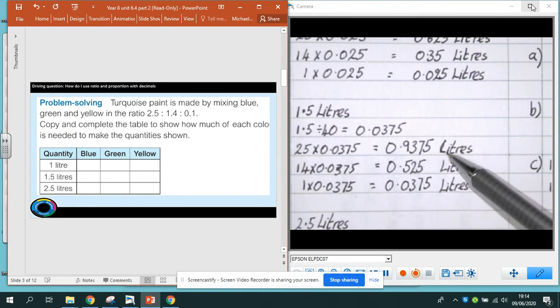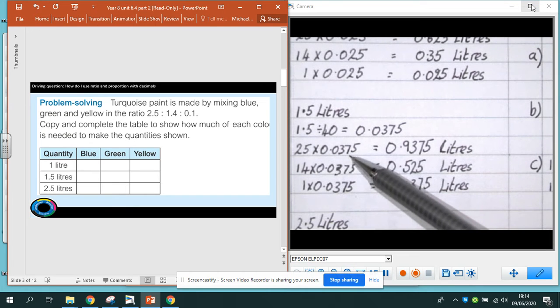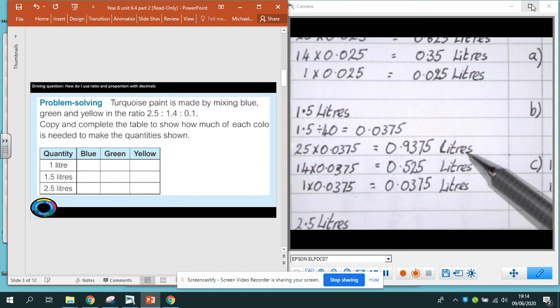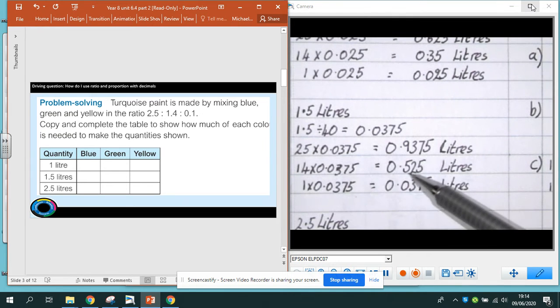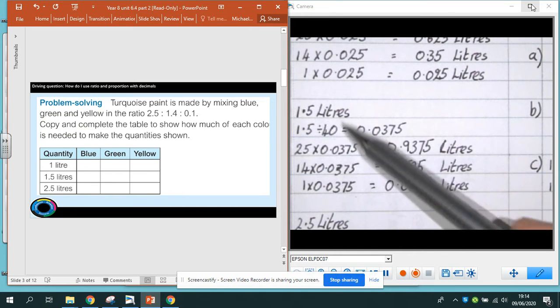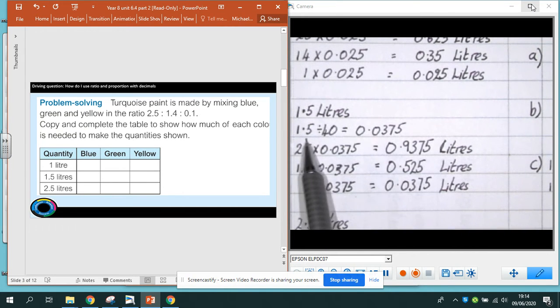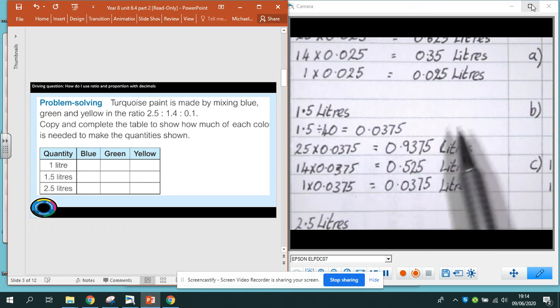But we still carry it out exactly the same way. 25 times 0.0375 gives me 0.9375. 14 times 0.0375 gives me 0.525, and obviously 1 times 0.0375 gives me 0.0375 as the various different colours of paint. Exactly the same as the first one after we've done this division here.